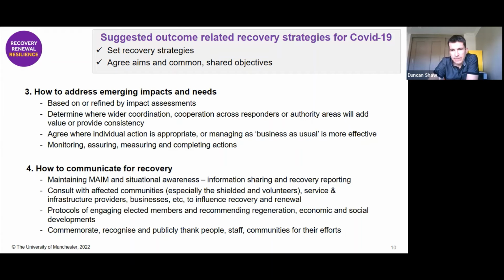And as David said previously, it's about communicating about how you are going to commemorate, how you are going to thank people for their significant effort, as well as remembering and recognising the loss that people have experienced during and as a result of the event.